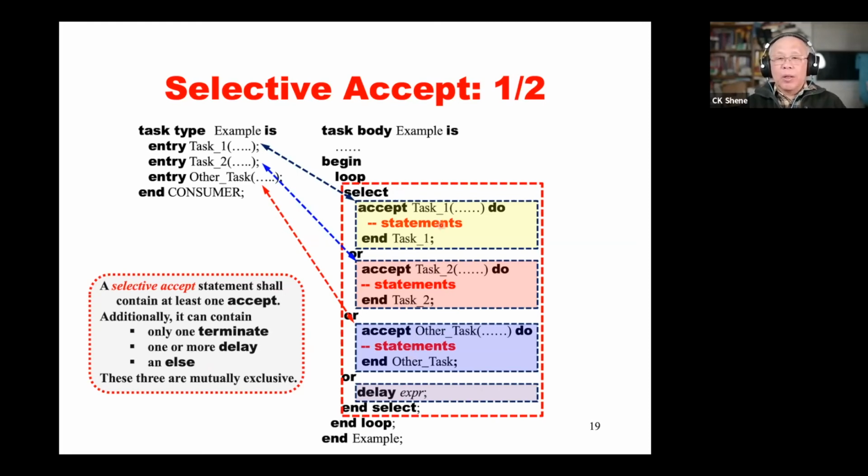Not that we try this one, or try this one. Keep this in mind. Always remember, the select statement shall contain at least one accept. Additionally, it can contain only one or zero terminate, one or more delay, or an else.